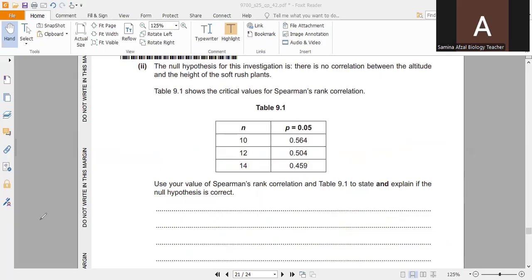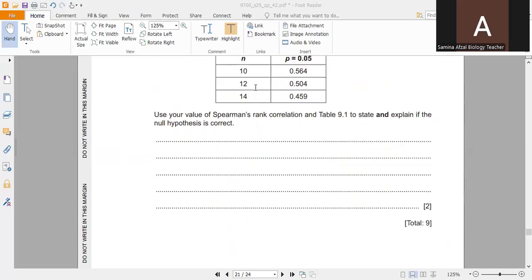For 10 it is 0.564, for 12 it is 0.504, and for 14 it is 0.459. We have to use the value of the Spearman's rank correlation and table 9.1 to state and explain if the null hypothesis is correct.